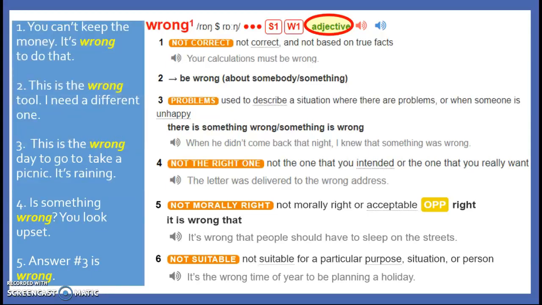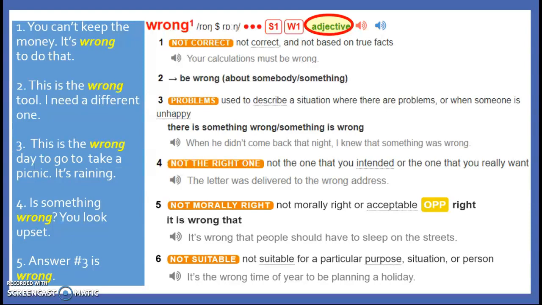Take a moment to look at these sentences here. Pause the video to read the sentences and then determine which meaning is being used in the sentence. Is it number 1, number 2, number 3, 4, 5, or 6? Take a moment to pause your video now.